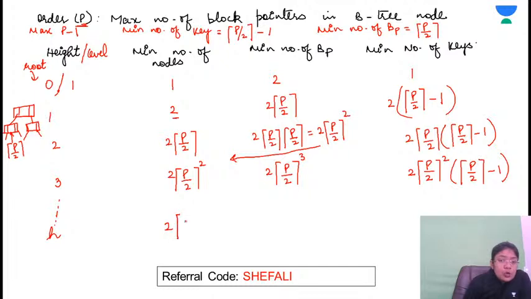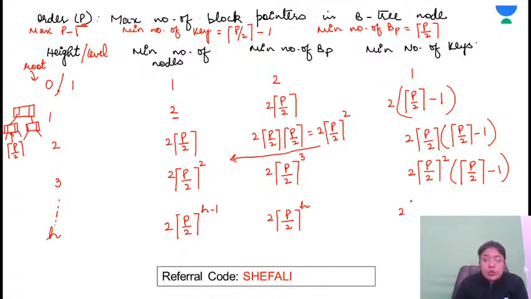So this comes out to be p by 2 raised to power h minus 1. If height is 3, then the power of the block pointers is 3. If height is h, power will be h. And this comes out to be 2 p by 2 raised to power h minus 1 into p by 2 minus 1.